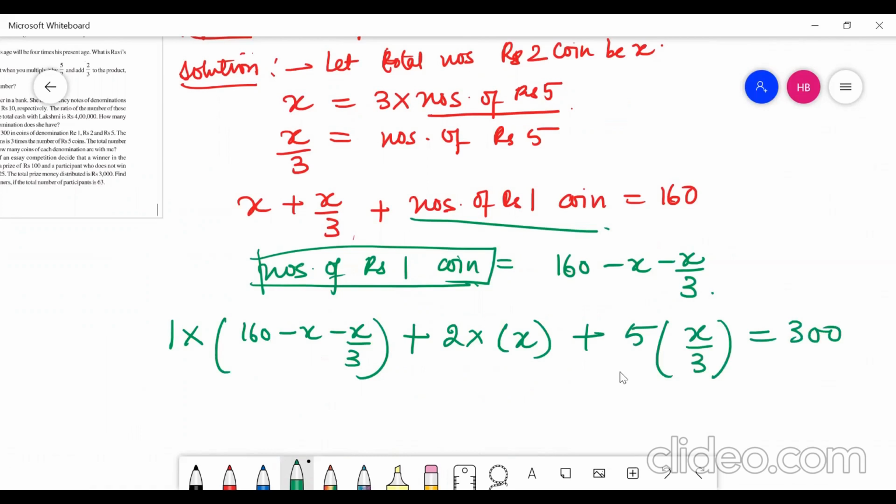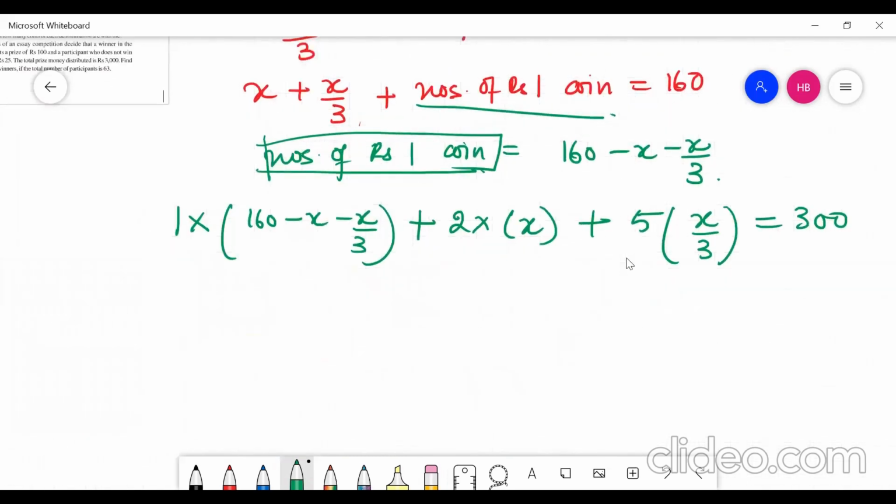So when I solve this, I will get 1 into 160 minus x by 3, plus 2x plus 5x by 3, right?